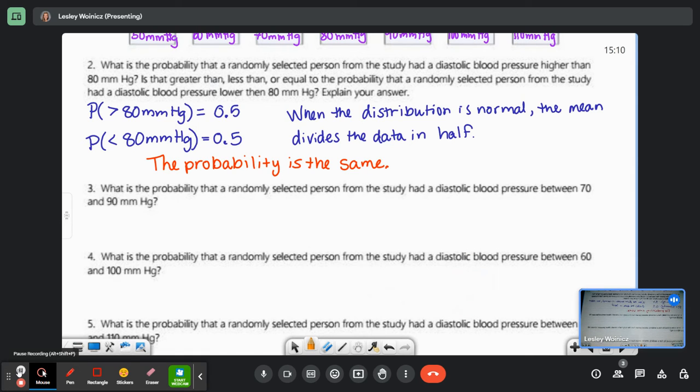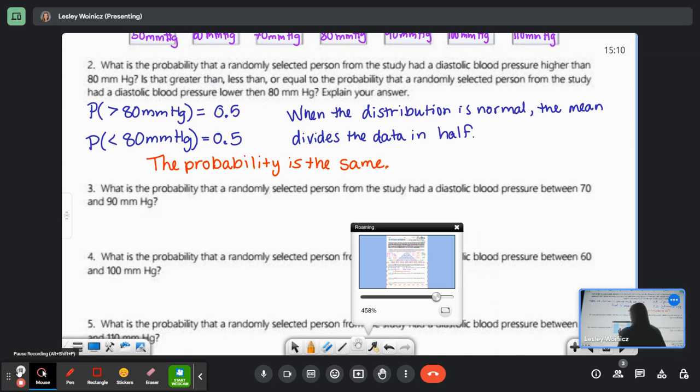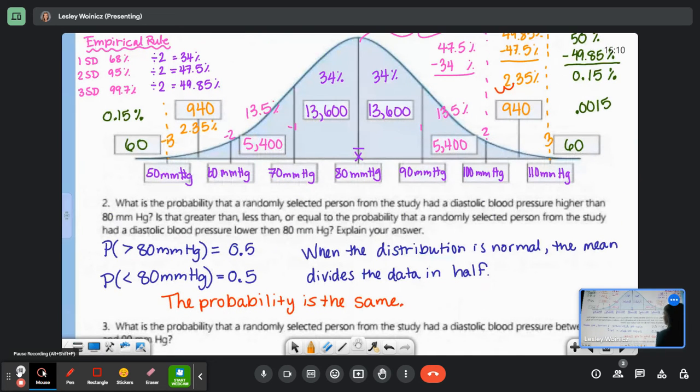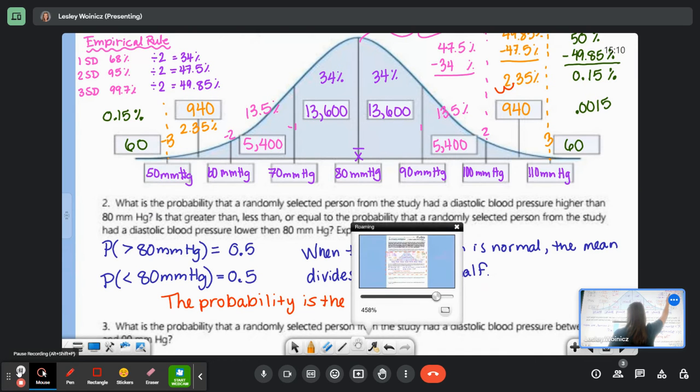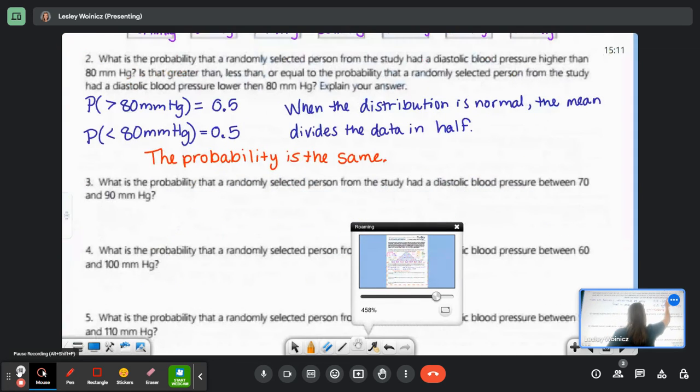What is the probability that a randomly selected person from the study had a diastolic blood pressure between 70 and 90? So let's look. Between 70 and 90. According to our empirical rule, that's 68% of our people. Right?